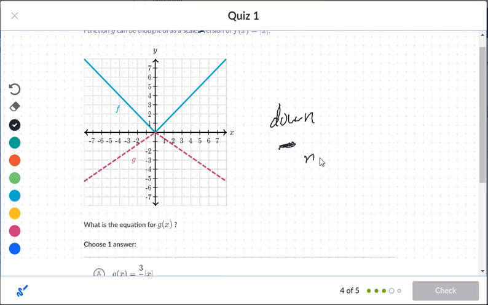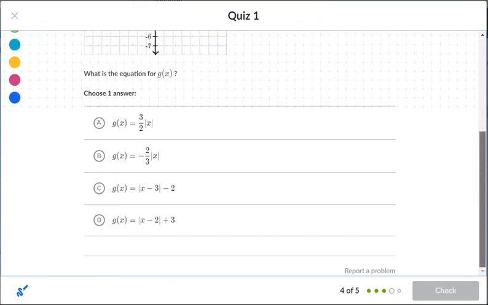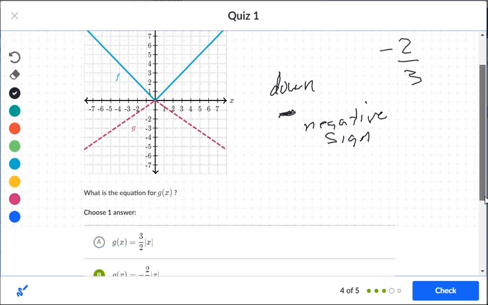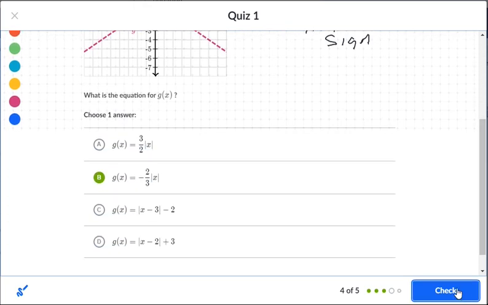So we want to look for the negative sign. So that's a big tip off there. So the only one that gives me that is B. But remember, they did show this as a negative 2/3. So negative 2/3, and to get that, you can see we go down 2 and then to the right 3. So B should be my answer.